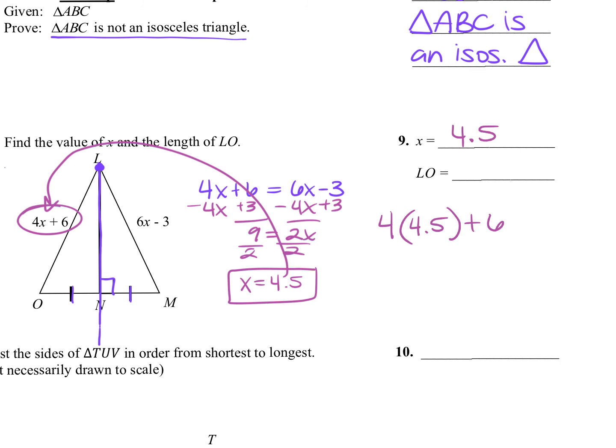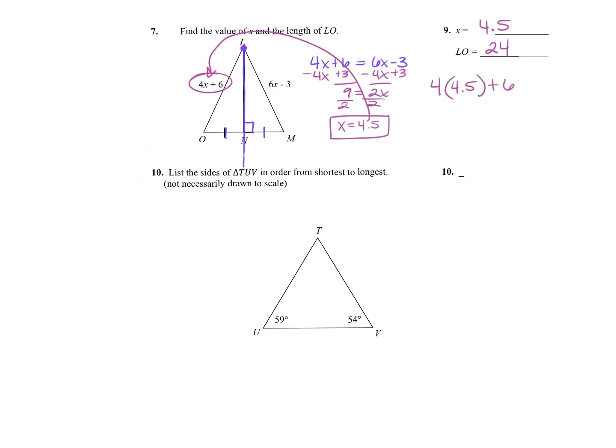What's 4 times 4.5? What's 2 times 4.5? Here's how I do this in my head. 9, but we need 4 of them, so you have to double that. 18 plus 6, 24. Woo! Gotta work on that mental math.